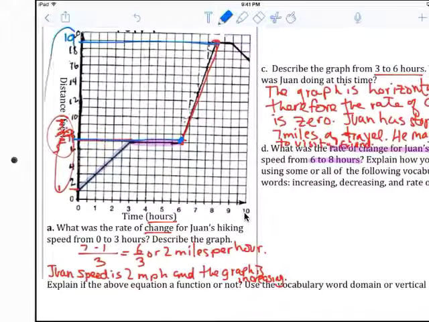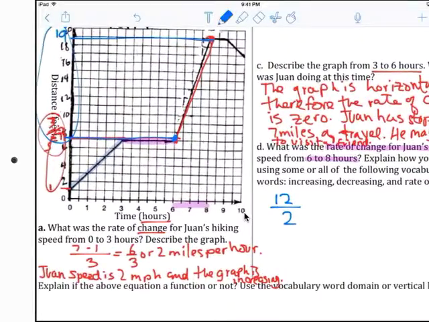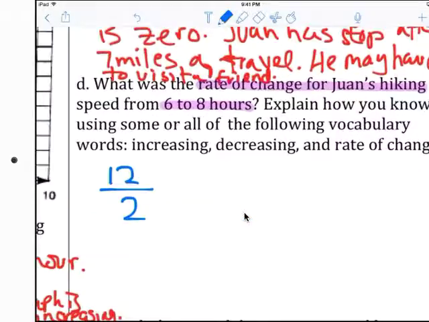So 19 minus 7 is 12, over how many hours? 6 to 8, 2 hours. Distance over time, which is 6 miles per hour.